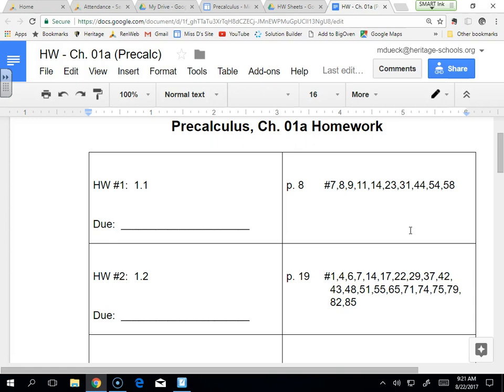Let's just call it workspace. How about that? Just call it workspace.